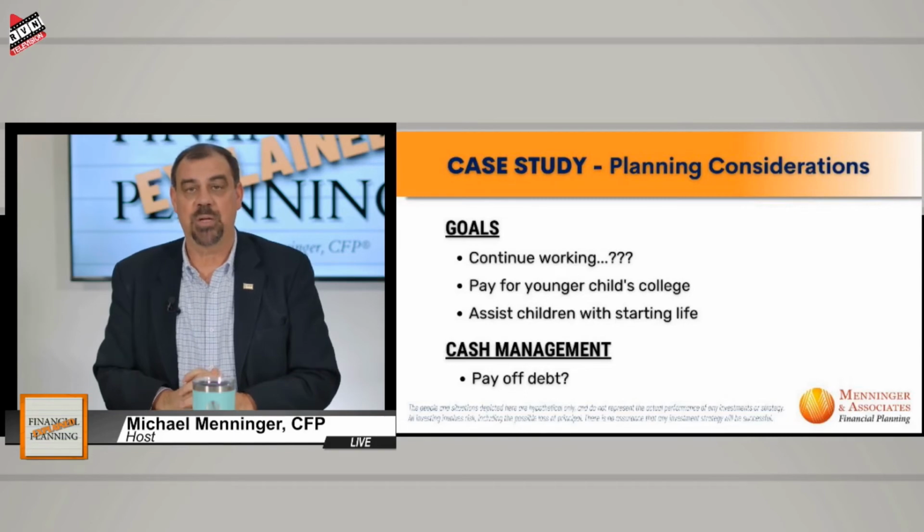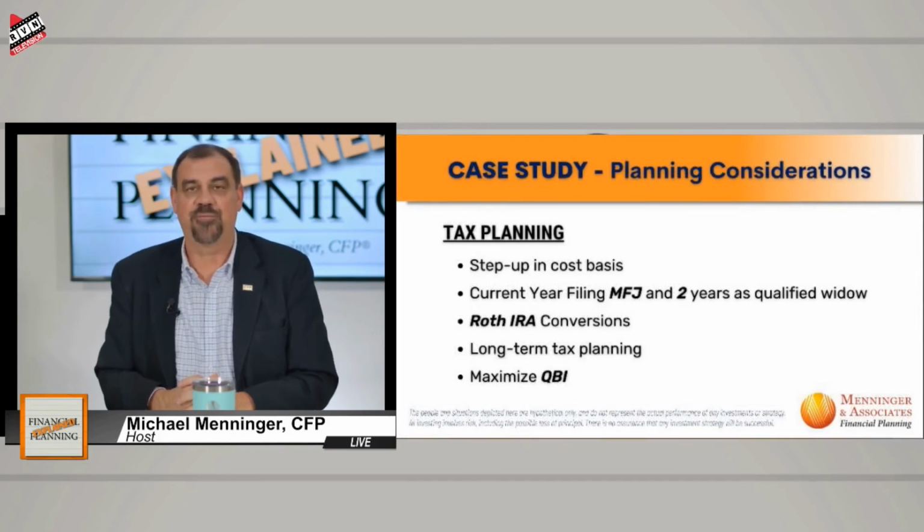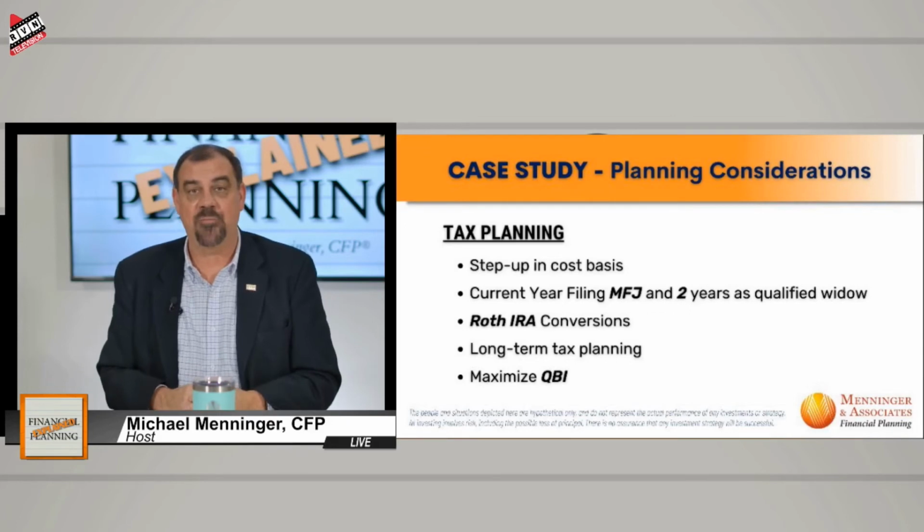Okay, Pennsylvania's tax is 3.07%. 3.07% of $16,000 is to the tune of $482.